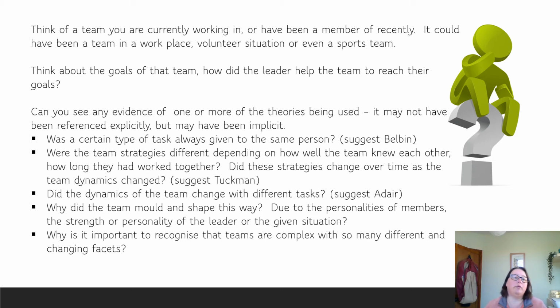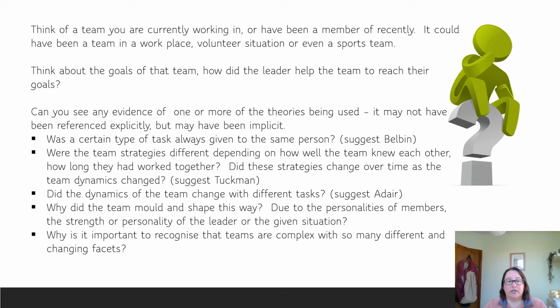Did you always ask one person to come up with ideas? That may, in your writing, be a link into Belbin. Can you identify the roles that Belbin identified within team members and certain tasks given to that member because of that role?